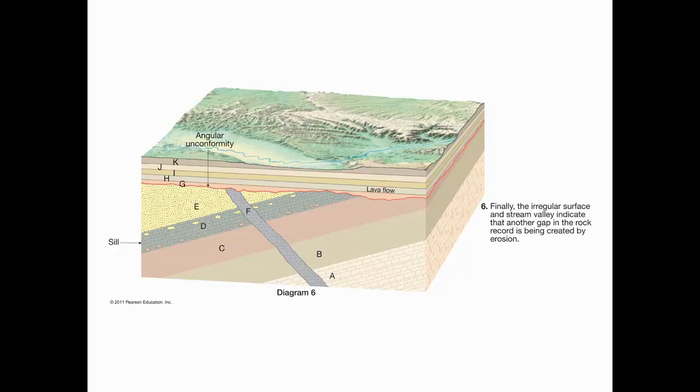Now, this is all relative dating because we do not know the actual ages of any of these events. For example, we do not know the age of the dike. We do not know the ages of these sedimentary layers or the unconformity. All we've done is put all of these different events in their order of occurrence. And that's basically what relative dating is.